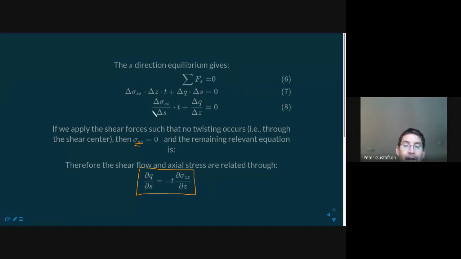So when sigma ss is 0, the d sigma ss ds also goes to 0. That goes away. dq dz is equal to 0. So now q is going to be a constant with respect to z, and that leaves us this equation as the governing equation: dq ds is equal to minus t d sigma zz dz.